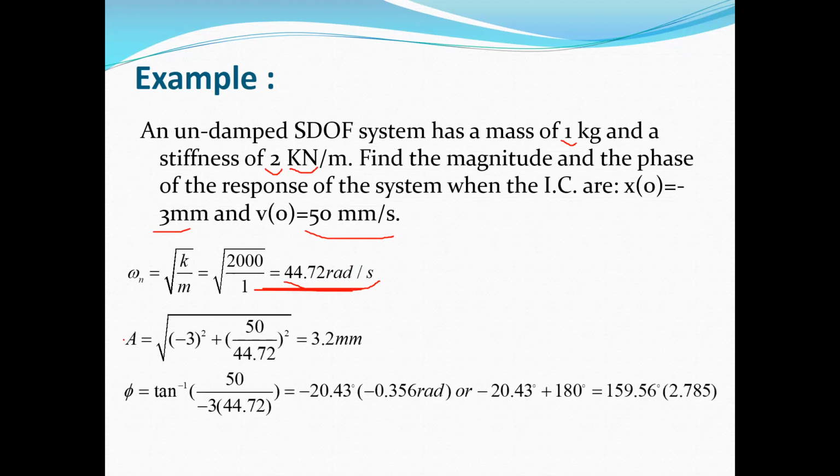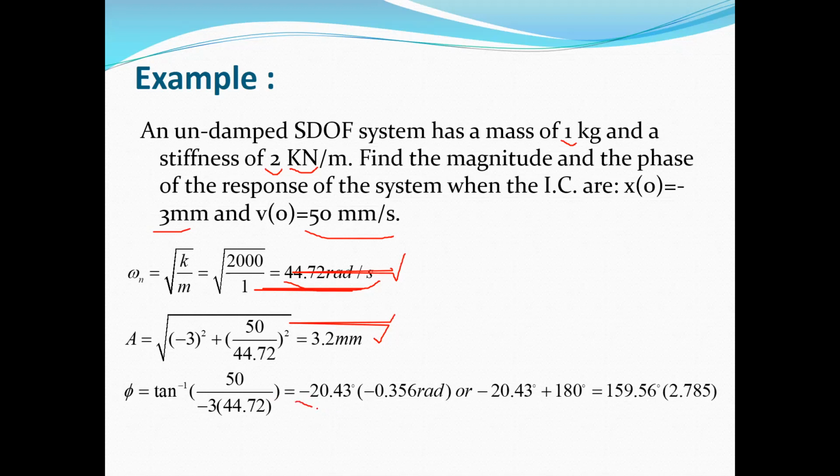You can substitute and calculate phi, which is the phase angle. A can be clearly calculated by using x naught and v naught, and also omega n, which is calculated here. But for phi, when you substitute the tangent inverse of v naught divided by x naught times omega n, you will extract two different values for your phase angle.